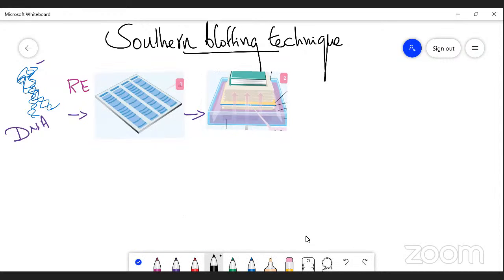This region is called the buffer. What is the name of the buffer? SSC. SSC stands for sodium saline citrate.